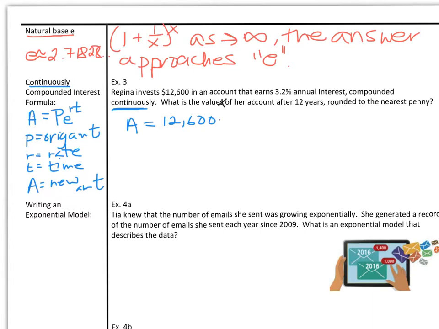And then our base is e. We're going to have to look for that on our calculators. The rate is 3.2% annual interest, but that means r won't be 3.2, it'll be 0.032. We convert the percent to a decimal in our formula, 0.032. And then time in this case is 12 years, times 12.